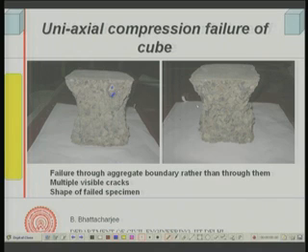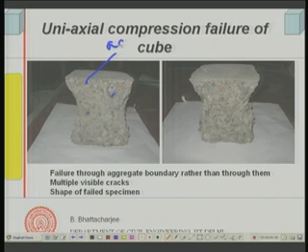You will rarely see that any aggregate has actually failed. In other words, no cracks, no fracture passes through the aggregate. So, this is one aggregate, this is another aggregate.